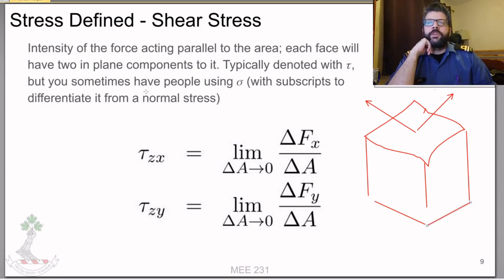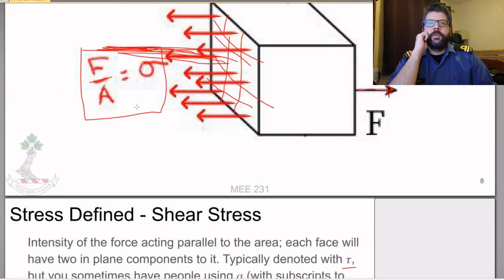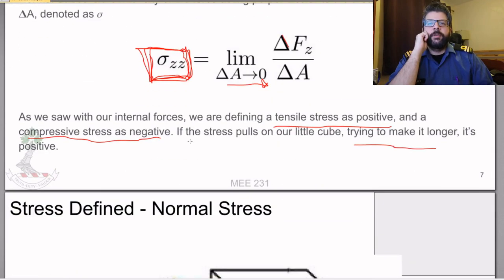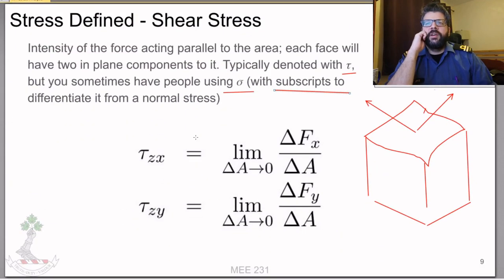So the shear stress is typically denoted with a tau here. Sometimes you'll see people using sigmas, the lowercase sigmas. Again, it is a stress, so that's not a terrible thing. They'll use different subscripts to differentiate it from the normal stress. So normal stress is almost always a sigma, but shear stress can sometimes be denoted with sigma, sometimes with tau.